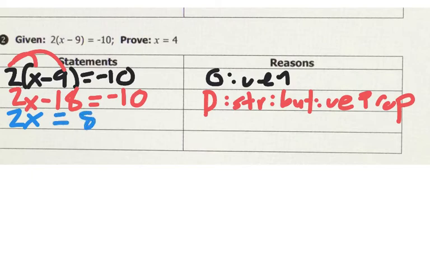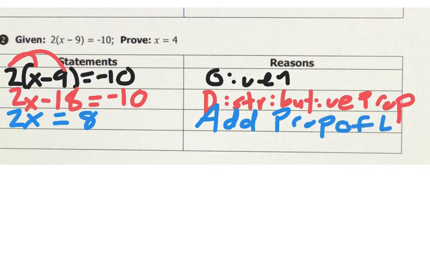Yes. And how did you get there? What did you do to both sides? So that would be the addition property of equality. And then what would the next one look like? x equals 4. Yep. Divide by 2 on both sides, so we get x equals 4. Because we divided, right? So that'd be the division property of equality.